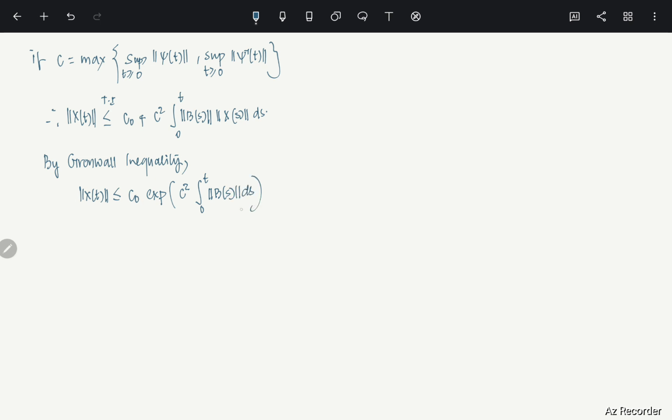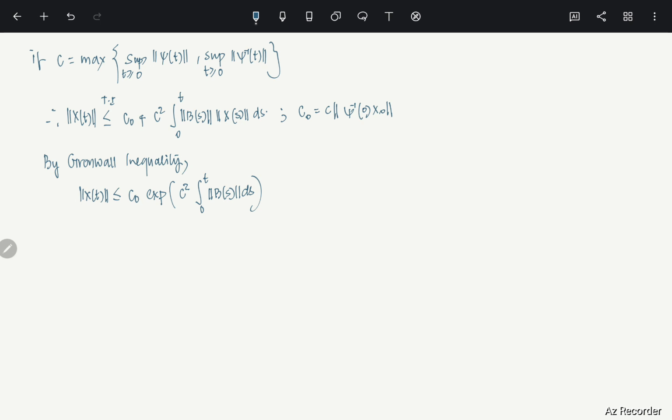Is this okay? See here I should write it: C naught is C times norm of phi inverse of 0 times x naught. This is what I wrote as C naught. So the norm will give us this.